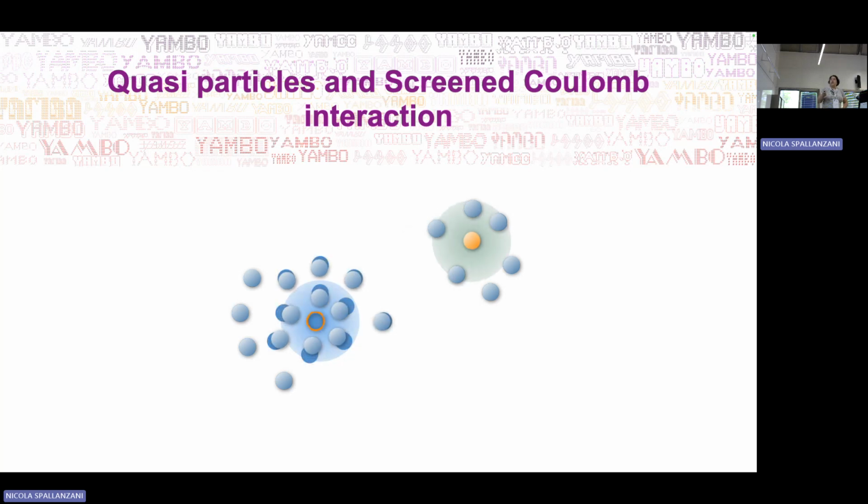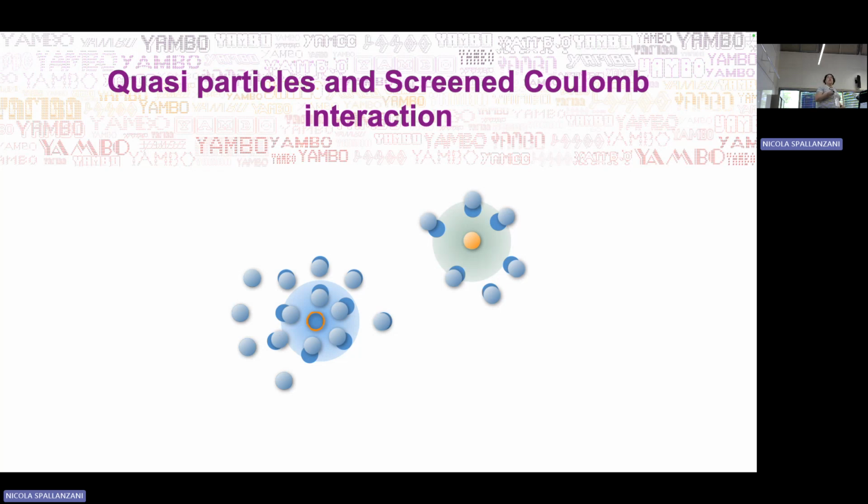So what we have is that we can see our quasi-particle as our original particle dressed with the induced changes in the vicinity of our quasi-particle. So we are not looking at the original electron, but also at the changes it induces in its vicinity.